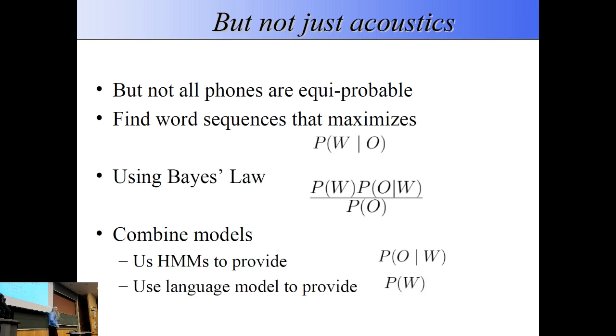And this is true for machines as well. This formula should be recognizable to you. This is the noisy channel. We use it in speech recognition as well. O is the observation, which is the acoustics. W is the words, it's the language model. What we do is we separate it with Bayes' rule, so that instead of doing the probability of the words given the observation, we separate it out into the probability of the observations given the words, multiplied by the probability of the words.